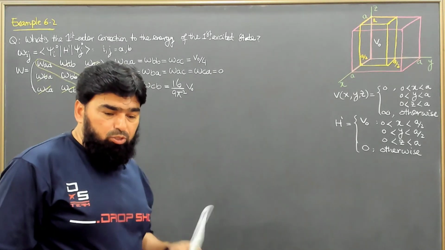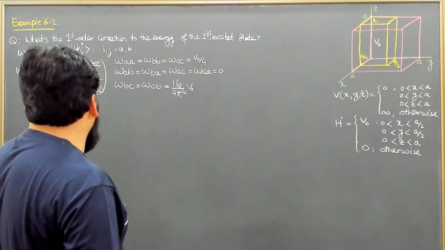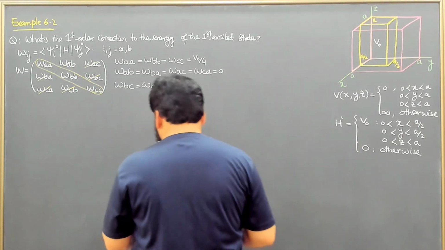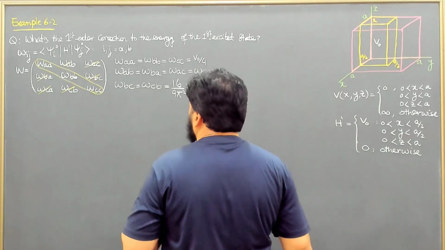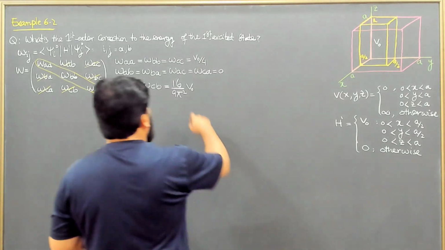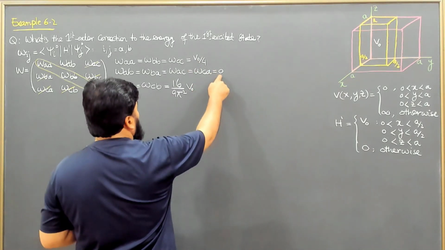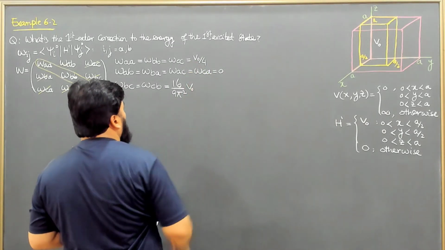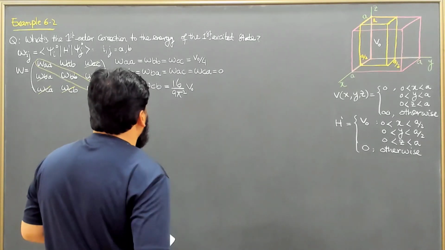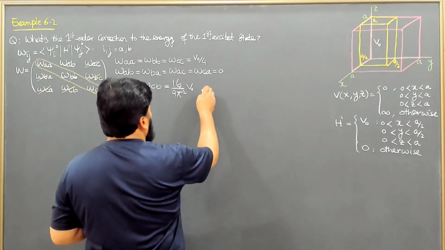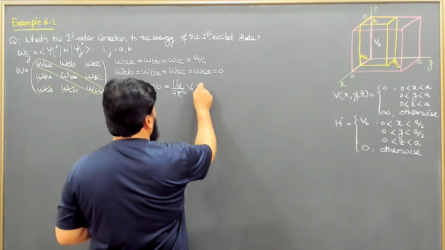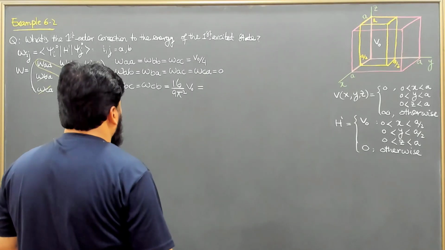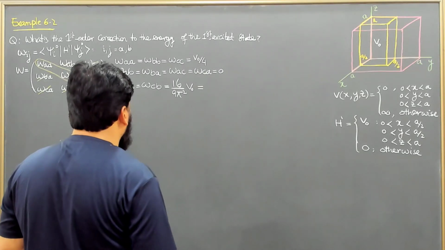So we have found the values of all the elements of this W matrix, and I can write them in this form now. We have zero values, or then some terms are having V naught over 4. If I want to write this in terms of V naught over 4, then I can write it as V naught over 4.